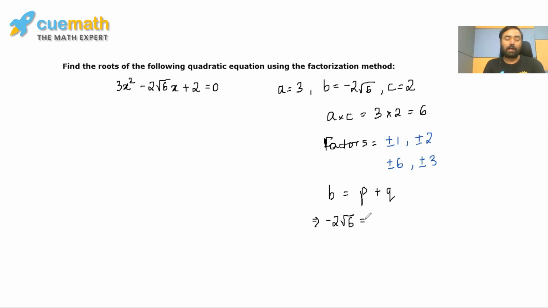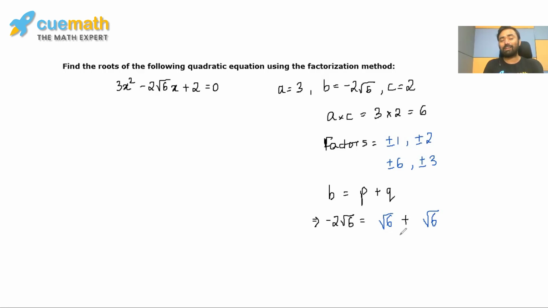Now we know that if we add two irrational numbers, we get an irrational number. So P and Q will also have to be irrational numbers, and the irrational factor here is nothing but square root of 6. So the irrational factor in P and Q will also be square root of 6. So basically, I'm just writing the irrational factor. I'm not saying that P is square root of 6 and Q is square root of 6. These are the two irrational factors.